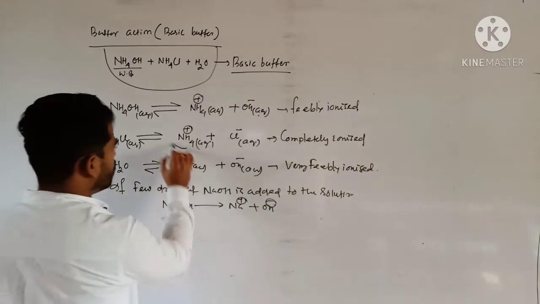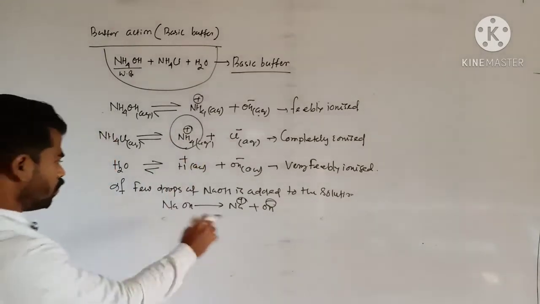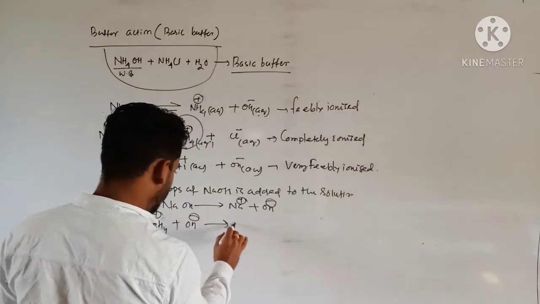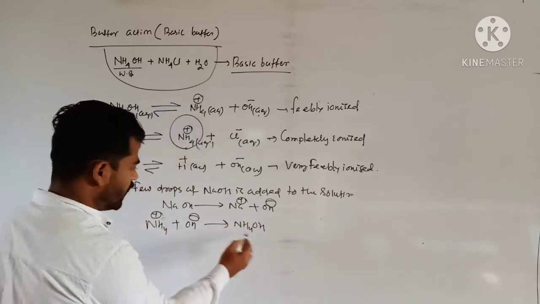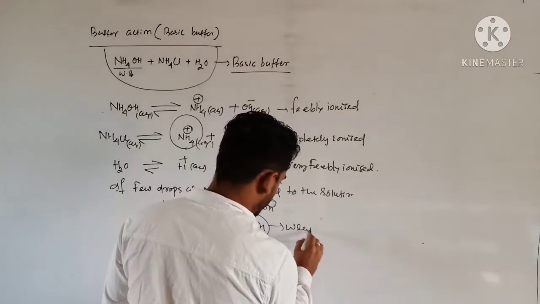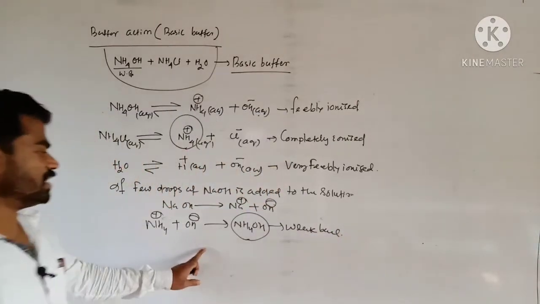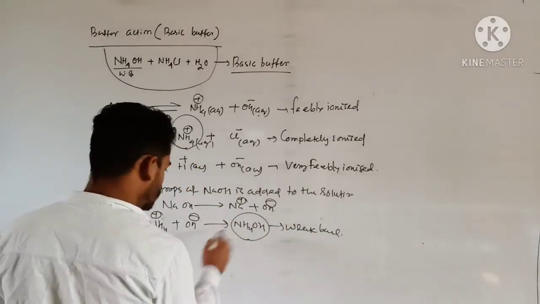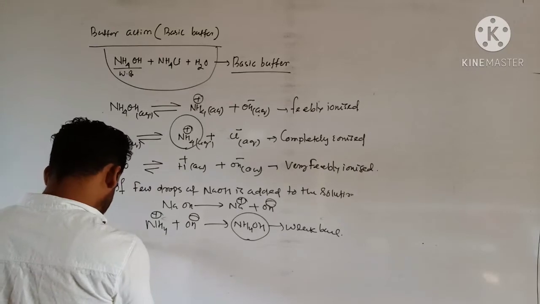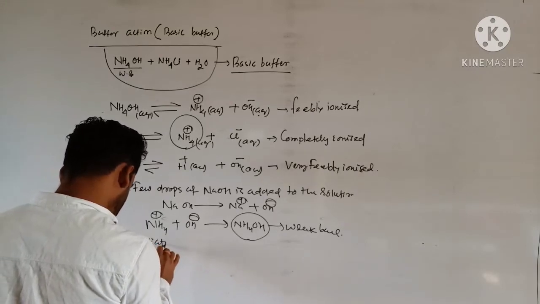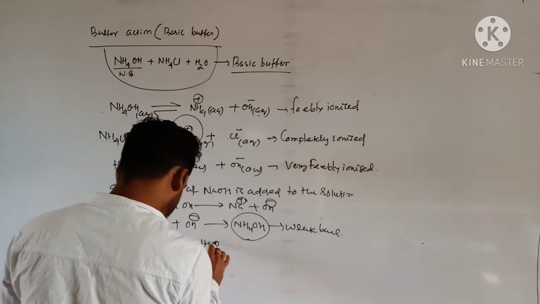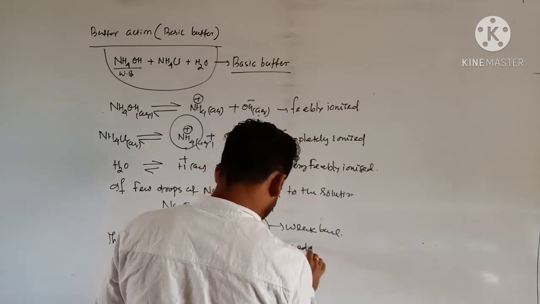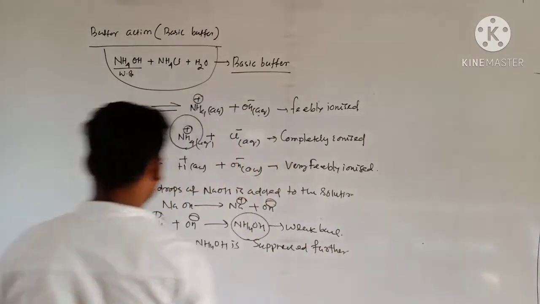Right now in the solution there is the presence of ammonium ion. This OH minus ion combines with NH4 plus to give you NH4OH, and NH4OH is a weak base whose dissociation is further suppressed by common ion effect.